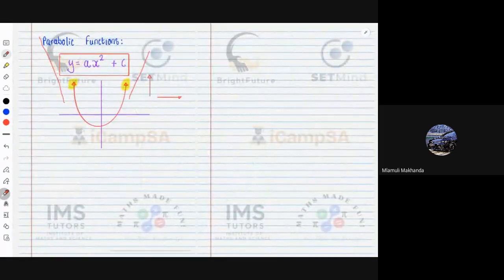Okay. When we are moving in the positive direction, let me maybe include numbers so that you can see. We have our origin here. Let's say it's 1, 2, 3, and in the positive x direction here, also 1, 2, 3.